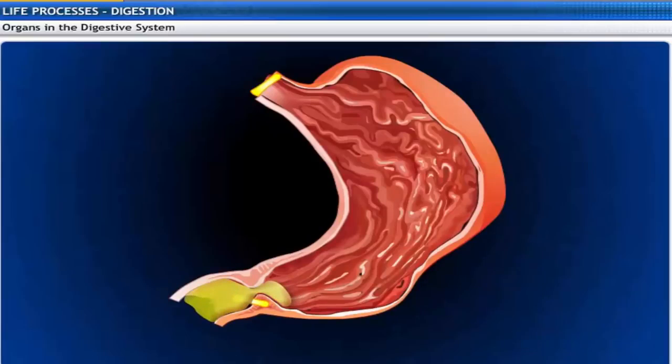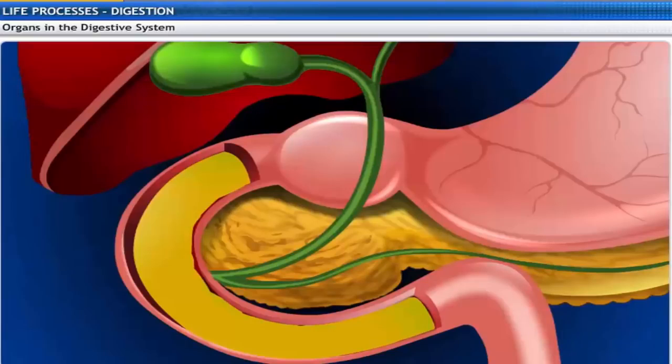The acidic food from the stomach reaches the first part of the intestine called duodenum. In the duodenum, fats are present in the form of large globules, which makes it difficult for the enzymes to act on them.